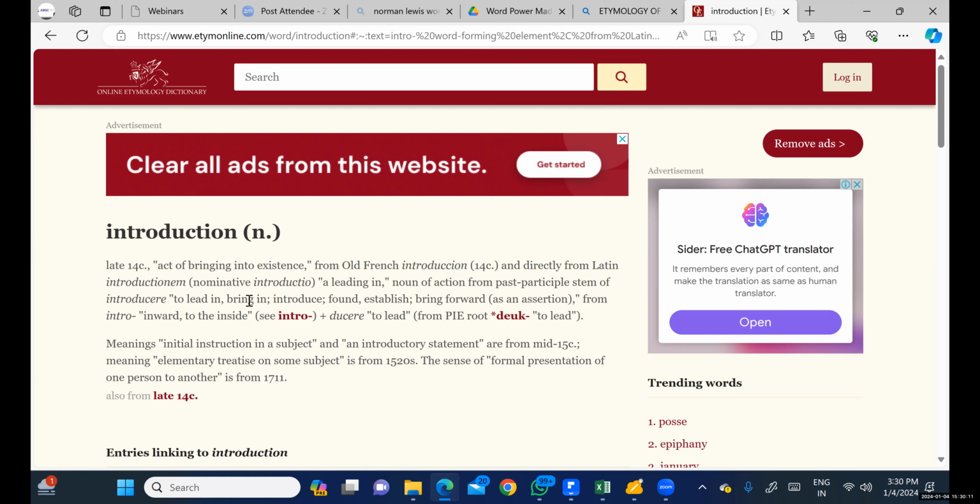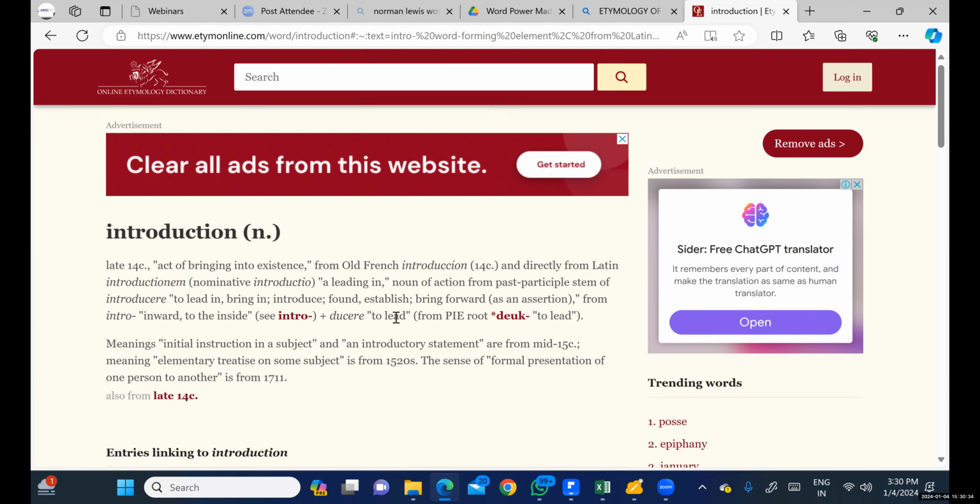Introduce, to lead in, bring in. So if you see the meaning, intro means inward. So what is your introduction? To bring someone inside your team. You are introducing something to the inside, to lead in, right?